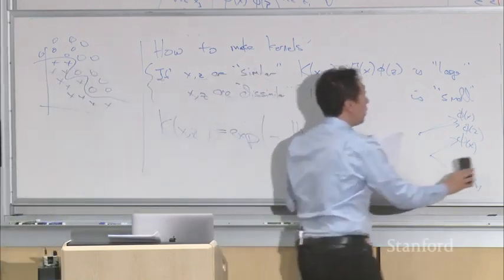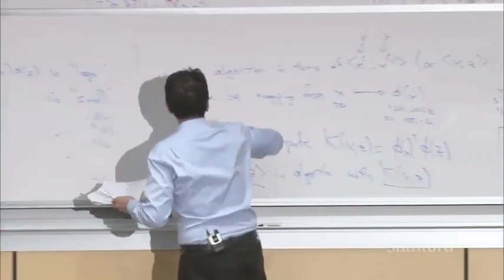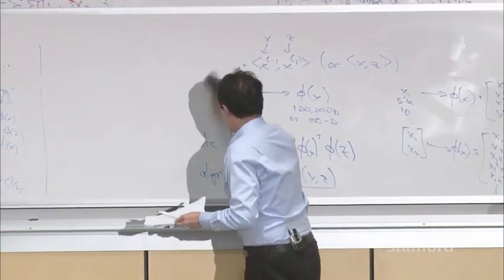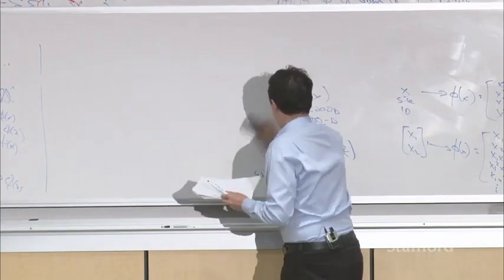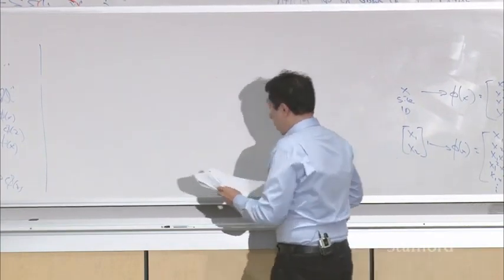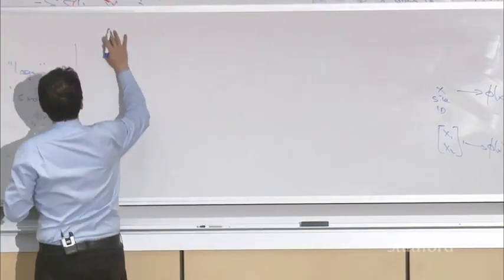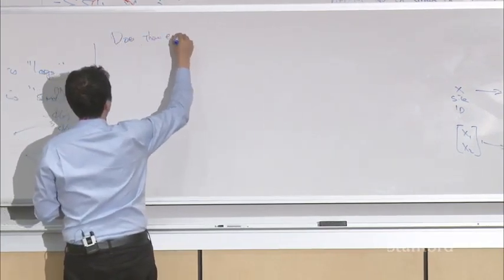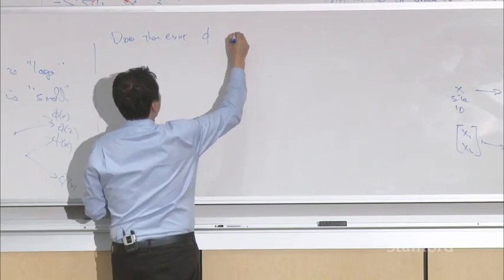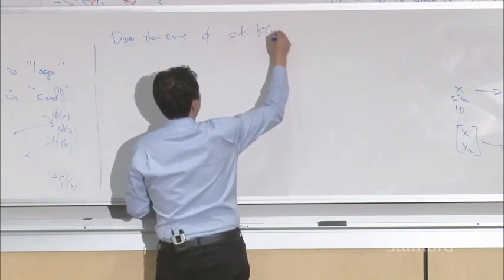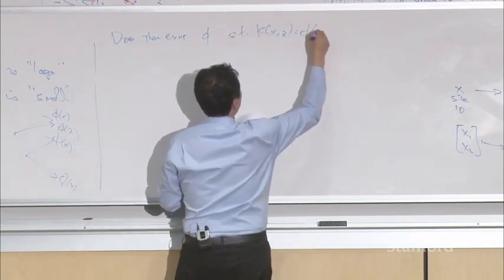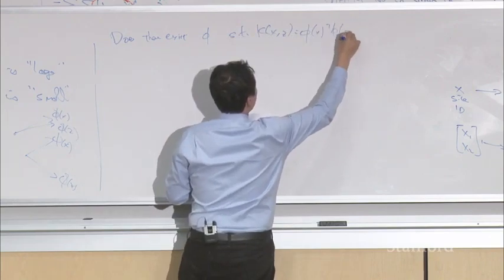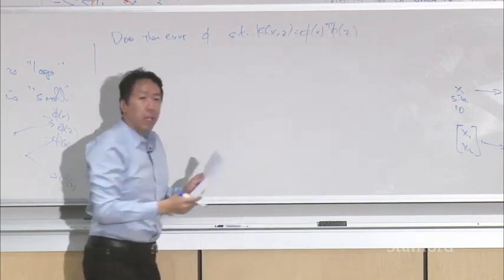So it turns out that a function like that, k of xz, you can use it as a kernel function only if there exists some phi such that k of xz equals phi of x transpose phi of z, right?